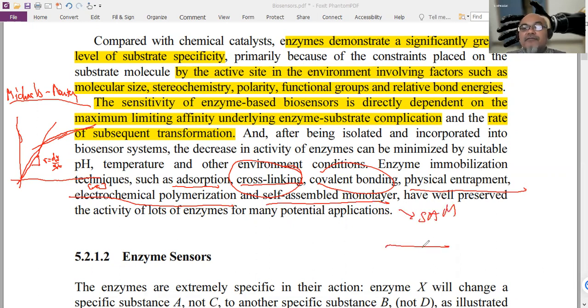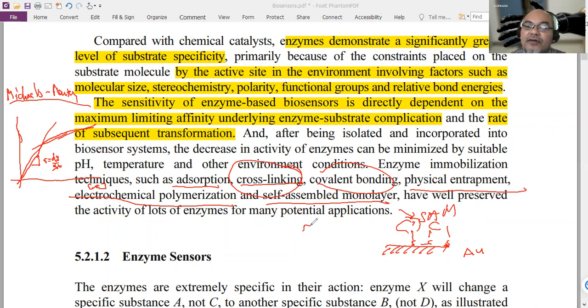For example, if you have a gold substrate, you can use thiol. Thiol is sulfur-based. It will usually assemble at the gold surface automatically to form what we call a self-assembled monolayer.